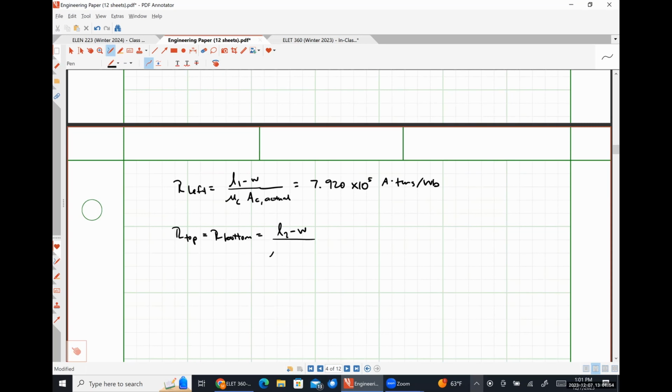Divided by that same mu C times AC actual, plugging in numbers, we would wind up getting 1.232 times 10 to the 6 amp turns per Weber.